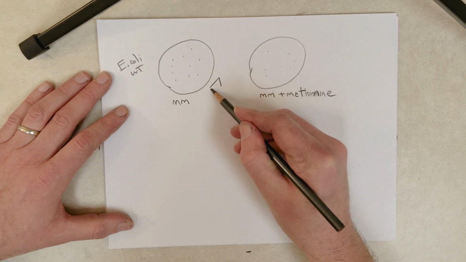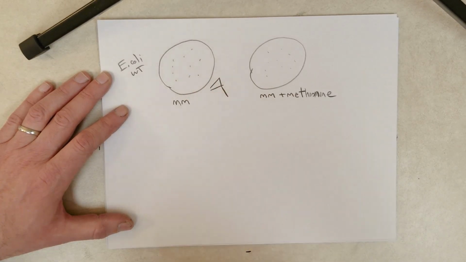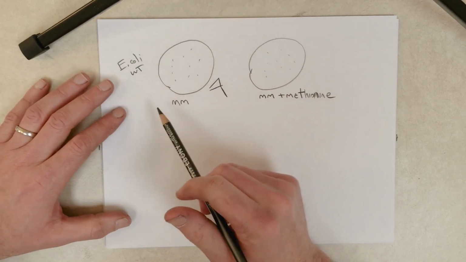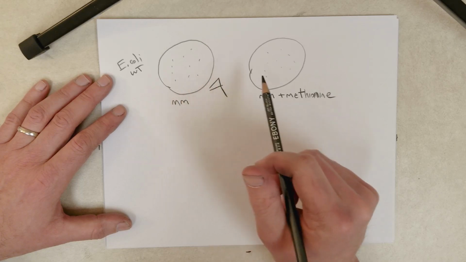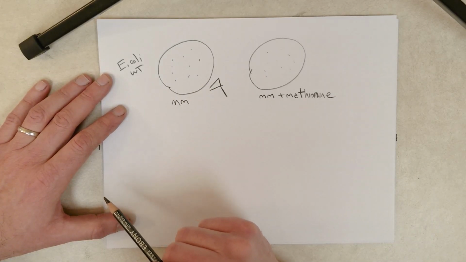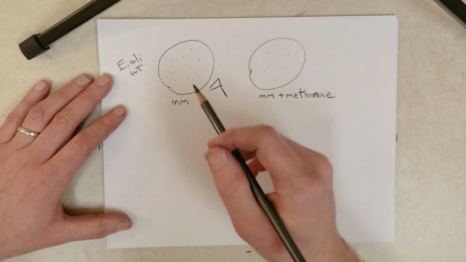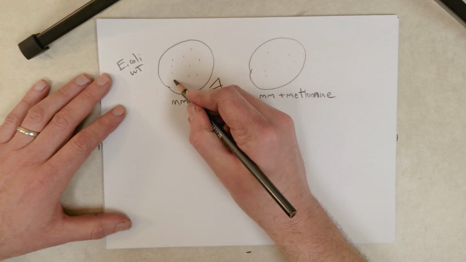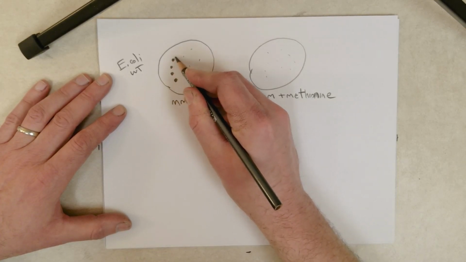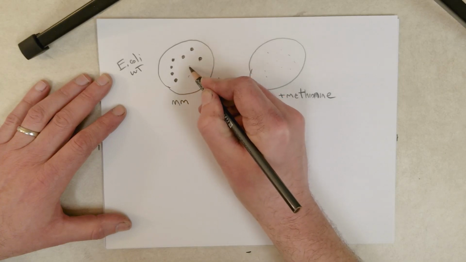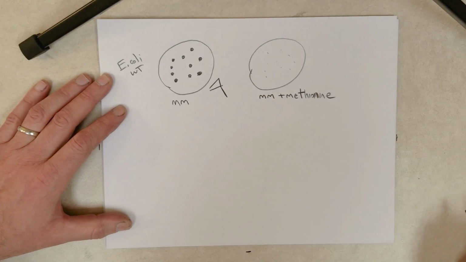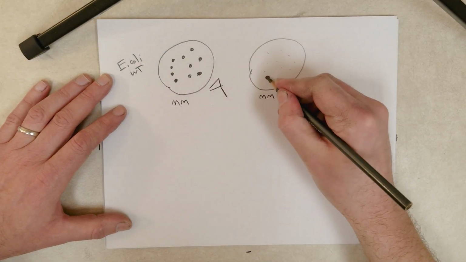We can't see these with the naked eye, so we have to put the plates in an incubator overnight, or you could put them on a bench top, and we'll let the individual cells multiply and form colonies of millions of cells. And when we come in the next day, we'll be able to count them, and we should see 10 colonies. If we put 10 cells on the plate, we should see 10 colonies there the next day. Same thing for this medium over here.